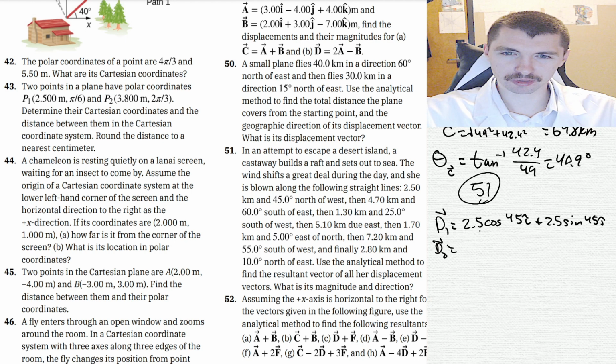Okay, hold up. So let me make sure these angles are right. 2.5 north of west. So that's west. So we're going north of west. So that's going to be 180 minus 45. So that will be 135. So these should be 135.